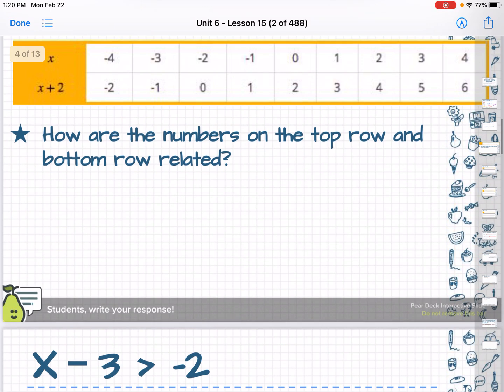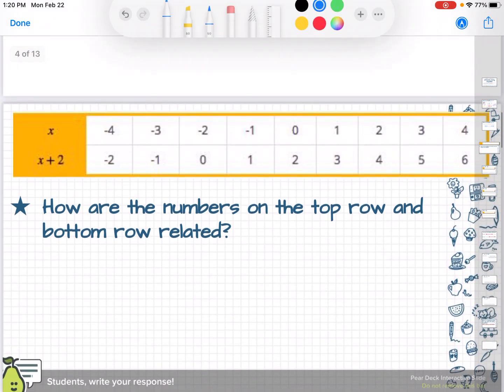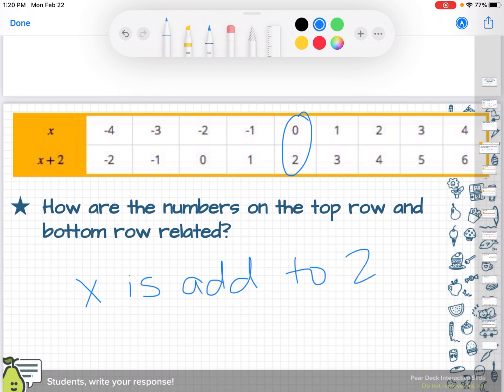So now it says, how are the numbers in the top row and the bottom row related? Okay, so I'm going to choose an easy one. So if I look here, I know that x is added to 2. So in each row, whatever x is, I need to add 2.